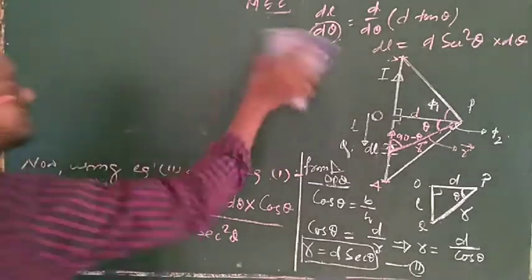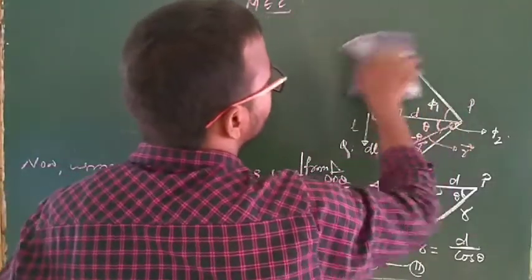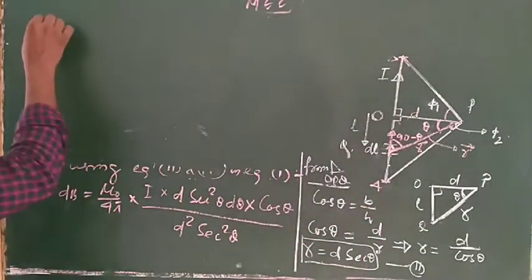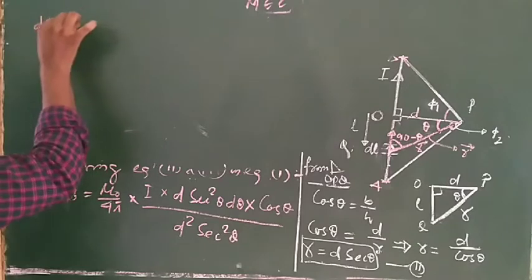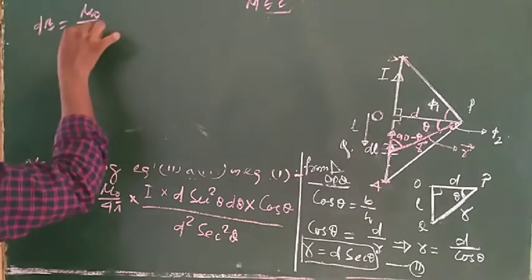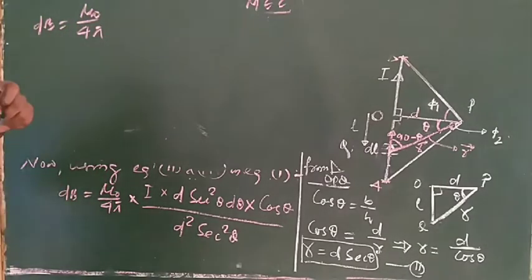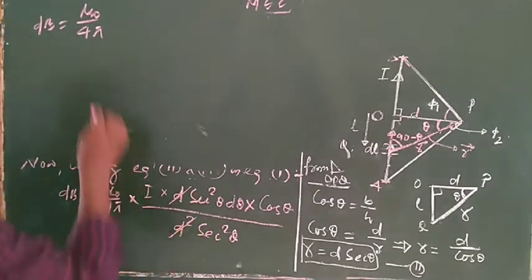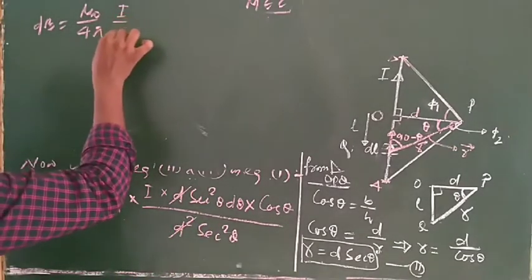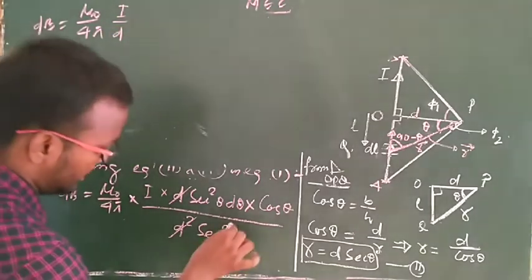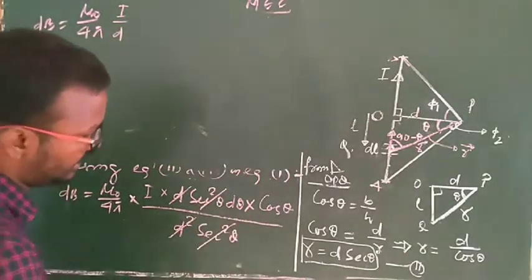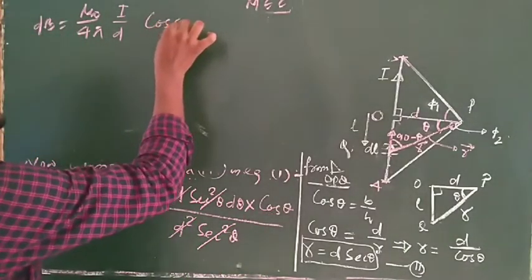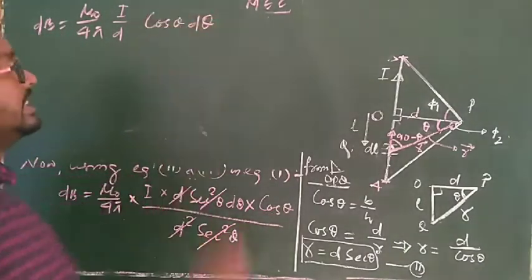We can write dB equals mu naught by 4 pi, one d cancels, so I by d, and sec square theta cancels. The remaining part is cos theta into d theta.